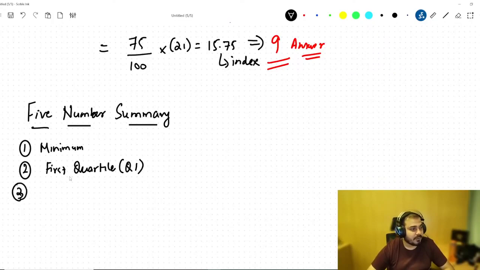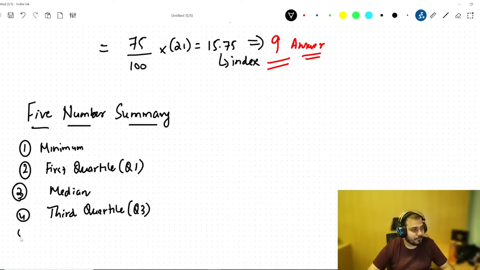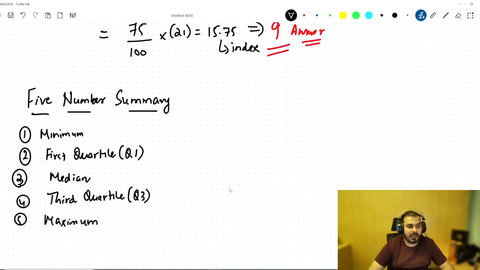The third is the median. The fourth is the third quartile, which is also read as Q3. And the fifth is the maximum. With the help of these values, we will remove the outliers.